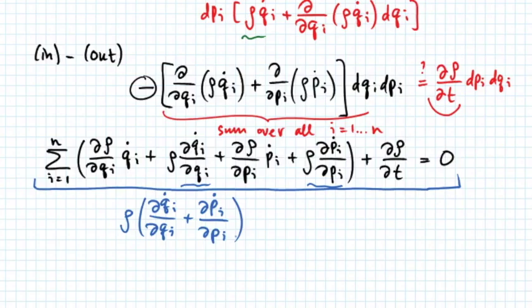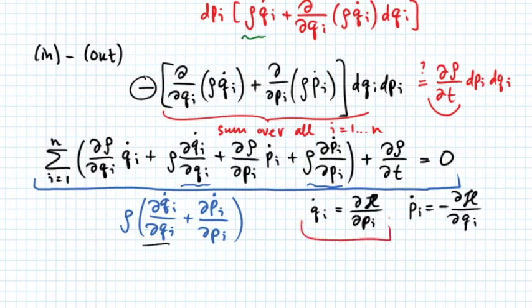Here we want to recall Hamilton's equations that we derived last time. q_i dot is given by the partial derivative of the Hamiltonian with respect to the momentum p_i, and p_i dot is equal to minus the partial derivative of the Hamiltonian with respect to coordinate q_i. Okay. Note what we have inside this parenthesis. We can differentiate the first equation with respect to q_i. What are we going to get?